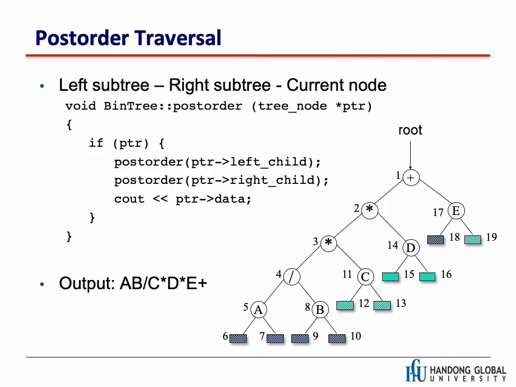Then we call post-order passing the left child, then post-order passing the right child pointer, and then we print out the current node's data. If we run these functions, we will get A B / C * D * E +. This is exactly the postfix notation.